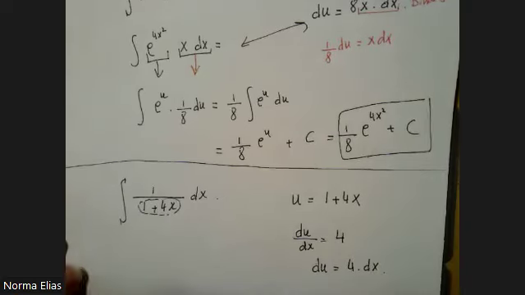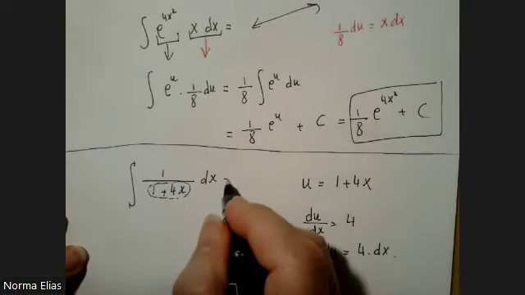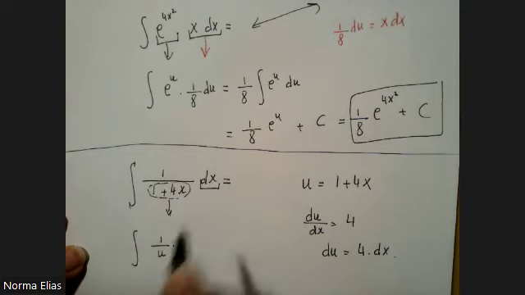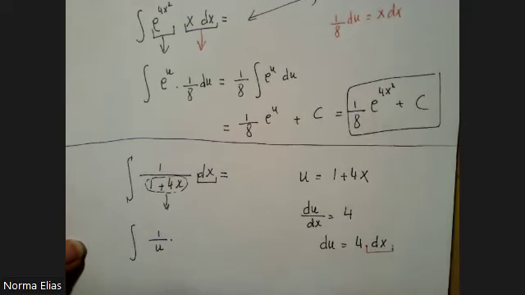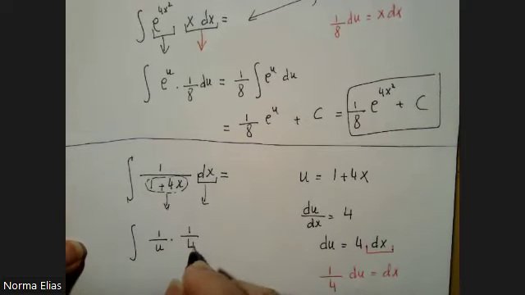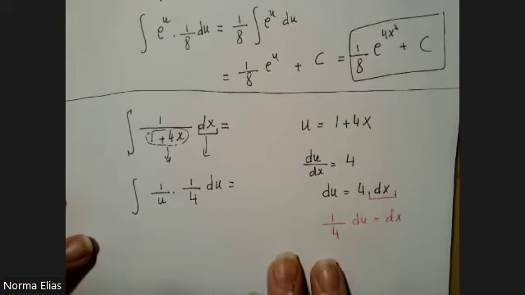I stop at this stage and I start the substitution process. So this will go immediately to 1 over u. Dx is problematic. I go here and I solve for dx by dividing by 4 both sides. So this piece here is 1 over 4 du. Now 1 over 4 is a constant.